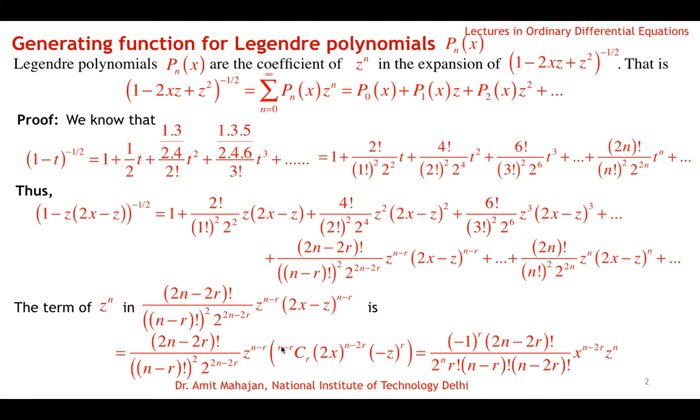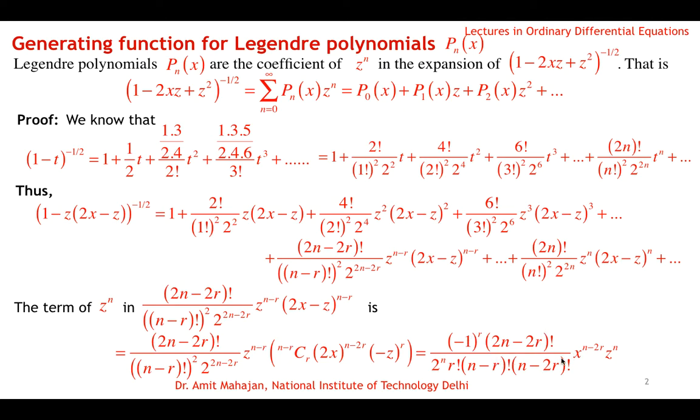We know n minus r Cr means n minus r factorial in the numerator, which will cancel out with one power in this term, so it will be only 1 power of n minus r factorial, and in the denominator r factorial, and this minus this means n minus 2r factorial. Then there is a 2 power n minus r, which will cancel out with this to give 2 power n. So basically the term of z power n in this expansion is this.